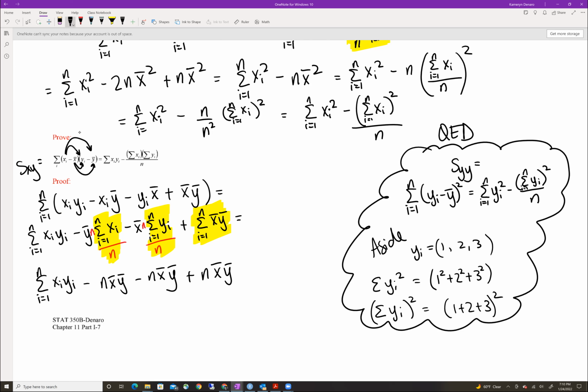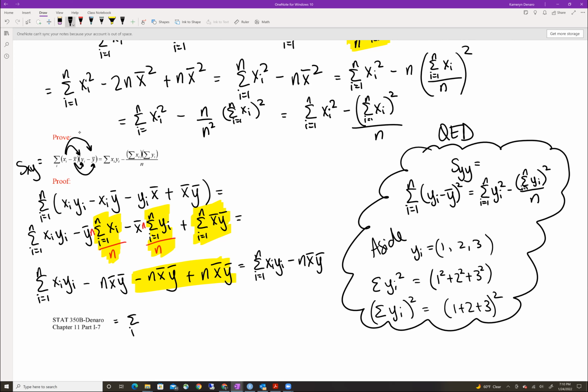That's nice, because we are getting very, very close. Okay. The last two terms, well, those just sum up to 0. We are left with summation i equals 1 to n xi yi minus n x bar y bar. So close.